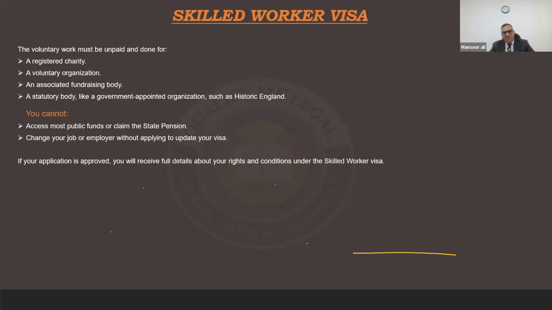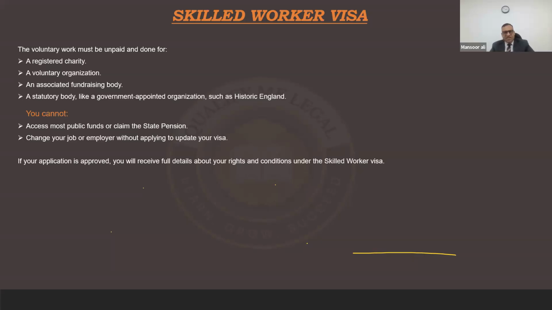It's very important that if you have found a job from outside the UK, straight away double check the good standing of that company. As I told you, the regulator of companies in this country is Companies House. You need to double check if the company is registered with Companies House. And after that, you need to go to the Home Office website and double check if they can by law employ somebody.